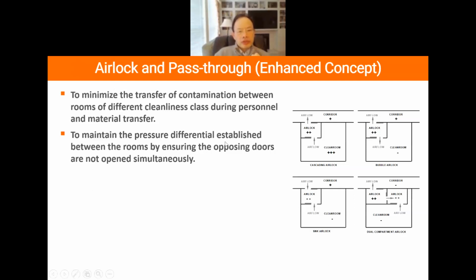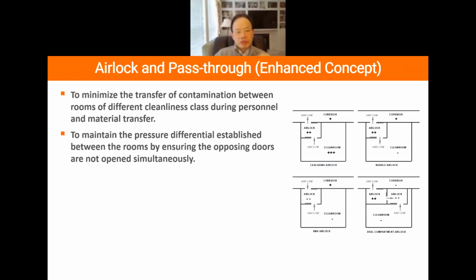Maintain the pressure differential between the rooms, ensuring the opposing doors are not open simultaneously. Typically an airlock or pass-through has 2 doors in series. In the old standard, we didn't say that you cannot open the 2 doors at the same time.